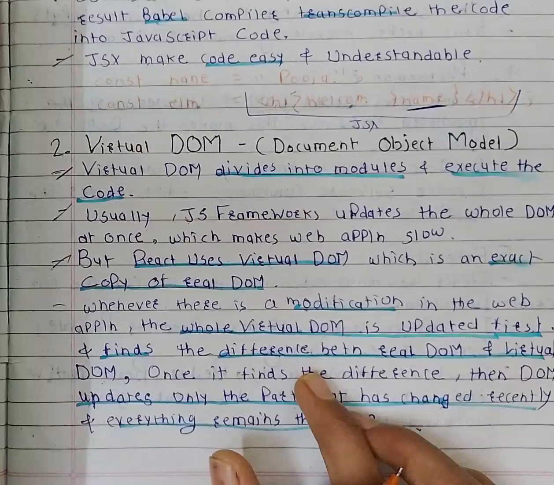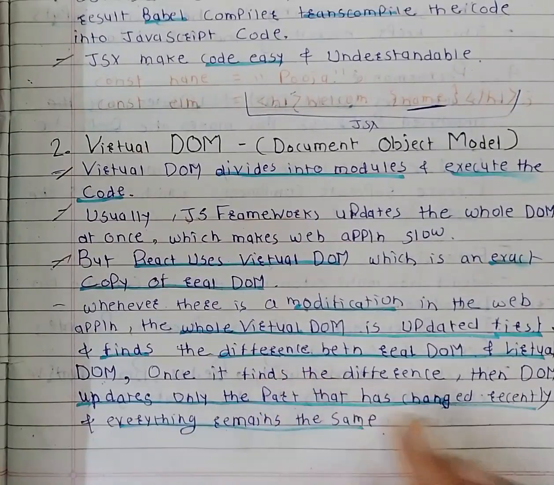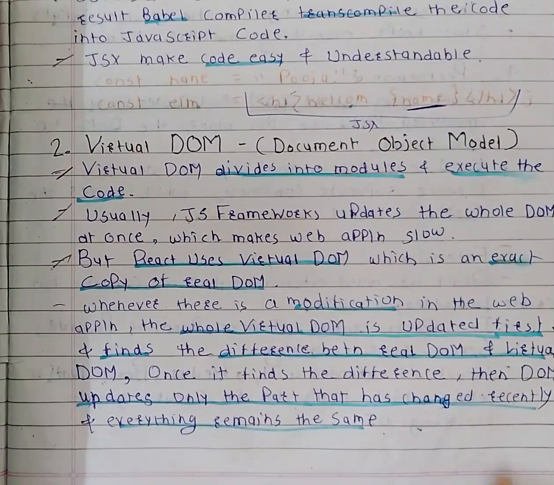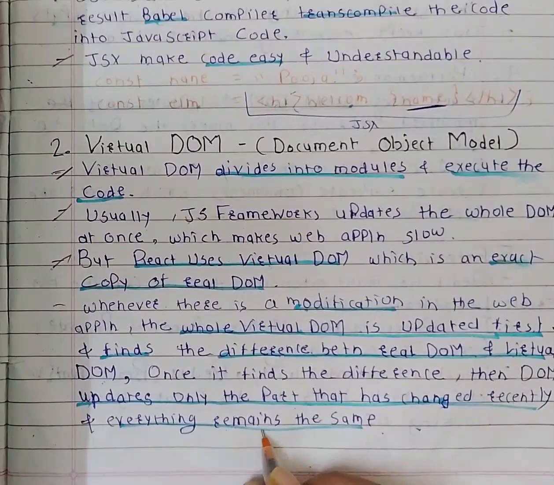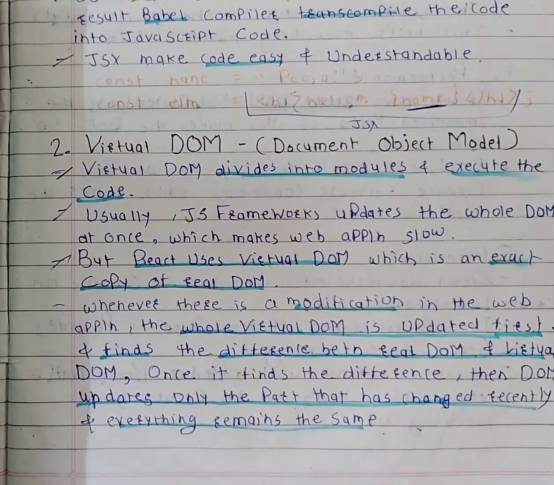If it finds any changes between those two DOMs, only then does it update the original DOM, and it updates only the changes that happened, like the name. If there is a change in the name, it will only update the name, it will not update the whole DOM, and all the other things remain the same. These things make React faster.